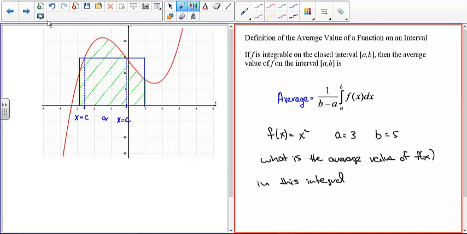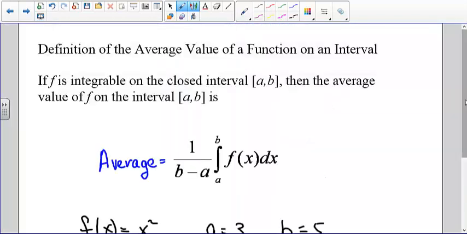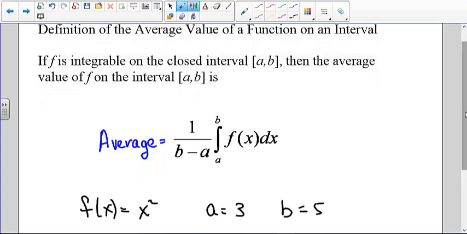If you take the mean value theorem and solve for the value of the function times the difference between a and b equals the area, it's going to be the integral, the actual area underneath the curvy curve, not the flat one, divided by b minus a. So that's how you define the average value for a function in an interval. You just integrate the function from a to b and divide by b minus a.